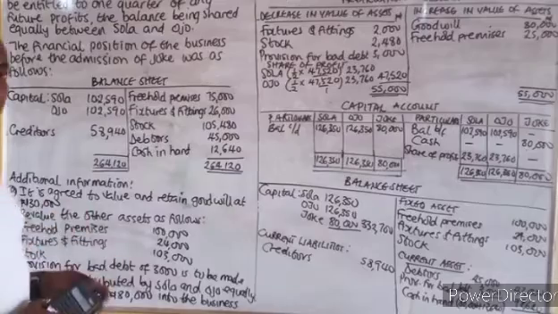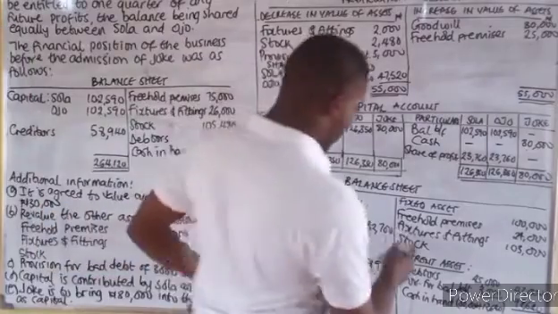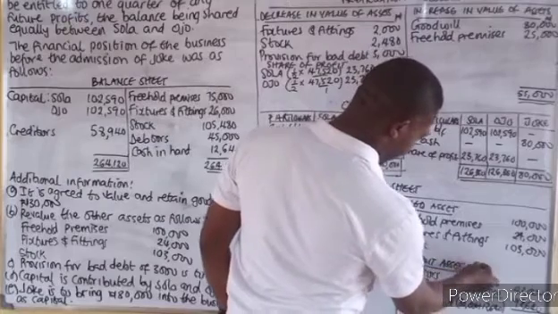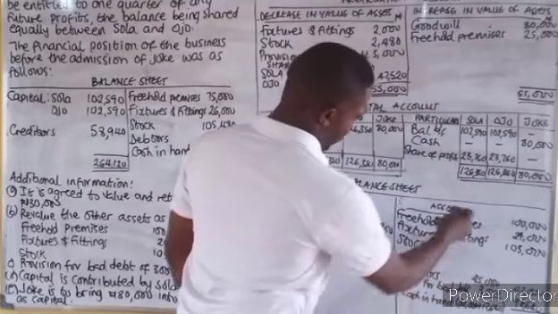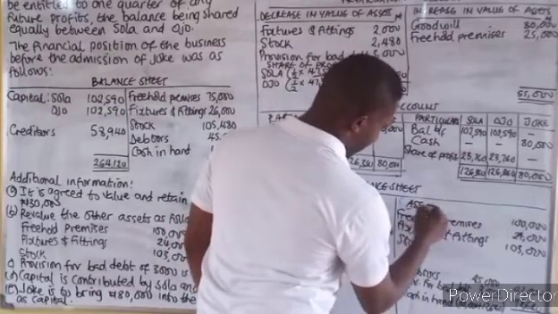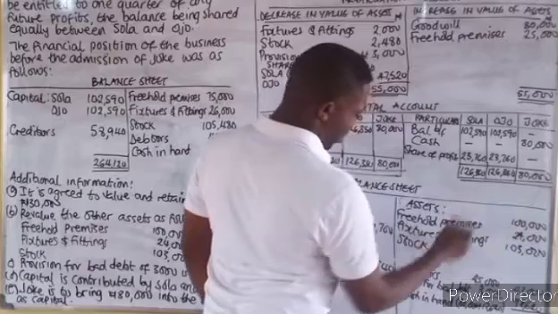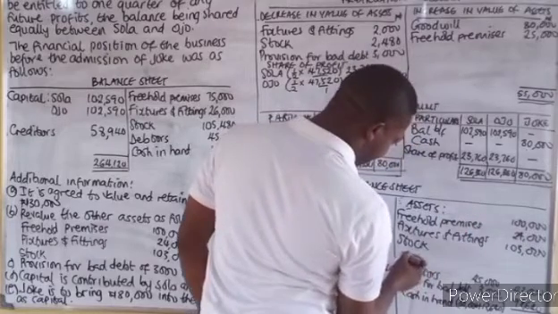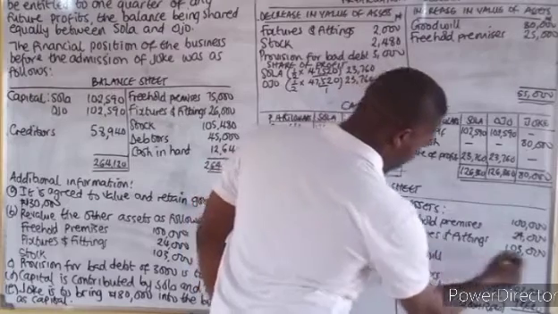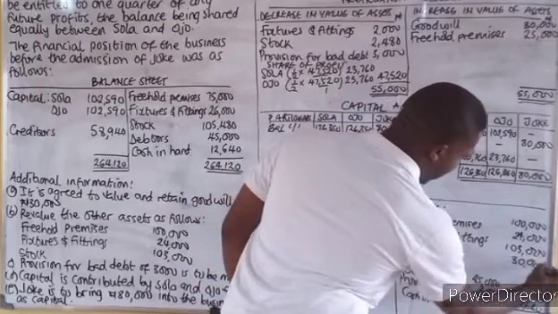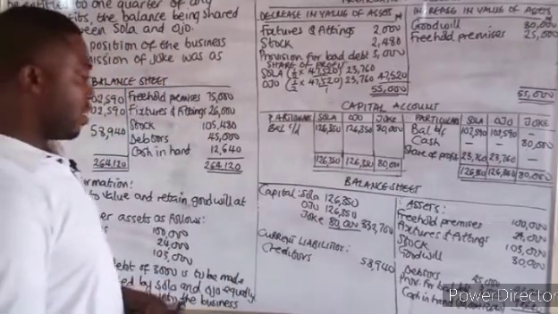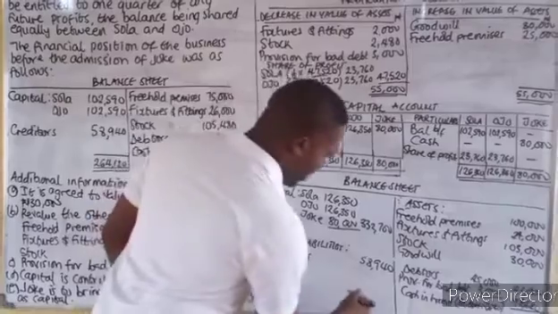So goodwill is a fixed asset. So we're going to put it here. Let's remove this so that we can have space. Let's just put all this as assets. So we can have goodwill here as 30,000.